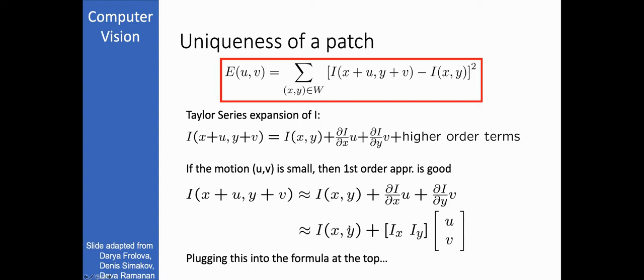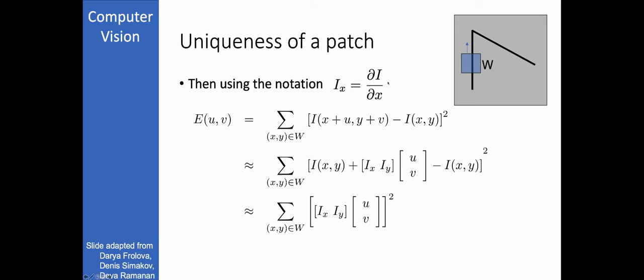Now, plugging this inside the formula here, I get this guy. Now, the SSD difference was given like this. Plugging it here and using the shorthand notation for the partial derivatives, I see that I(x,y) plus the derivatives dot product with u minus I(x,y), squared. So the I(x,y)'s cancel out, and I'm only left with the square of this guy.